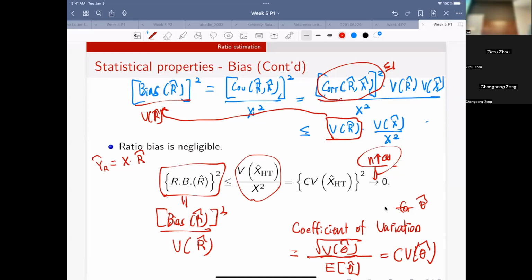But the interesting part is that the relative bias of R hat is the relative bias of Y hat R. Why? Because the definition of relative bias is the bias divided by the square root of the variance, right? So that is the definition.